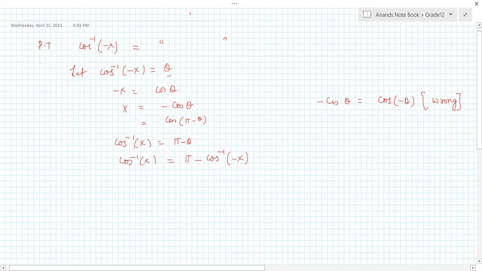What do we want? We want to find the value of cos inverse of minus x, this fellow. So we'll bring this fellow this side. Therefore, cos inverse of minus x is pi minus cos inverse of x.